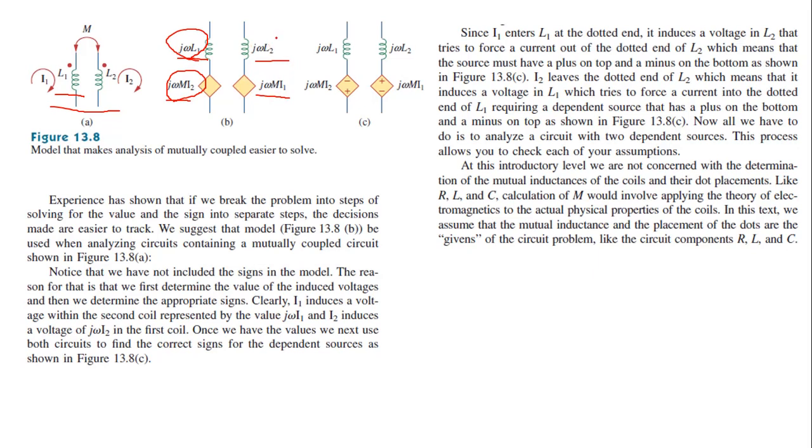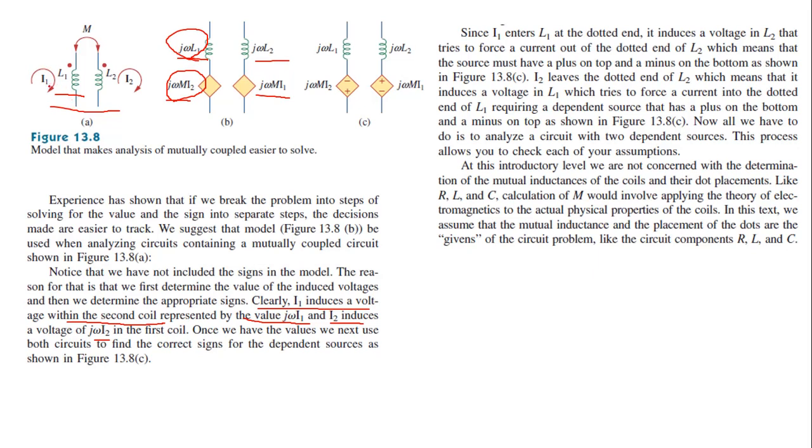First we will write these, then we will give the polarities for these two mutual inductances. Okay, so here we know that I1 induces a voltage in the second coil with the value j omega M I1, and I2 induces a voltage of j omega M I2 in the first coil. That is what I have told you now, right?